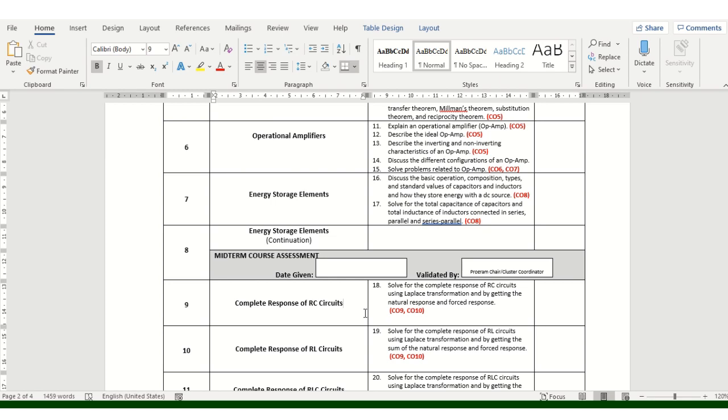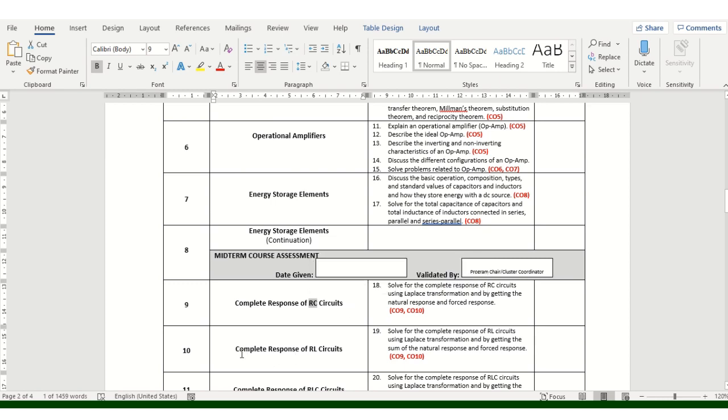So we will see how the circuit behaves with the different elements now in place. First, we'll cover RC series circuits. How do you analyze those circuits? What is the complete response of those circuits that contain resistive and capacitive elements?